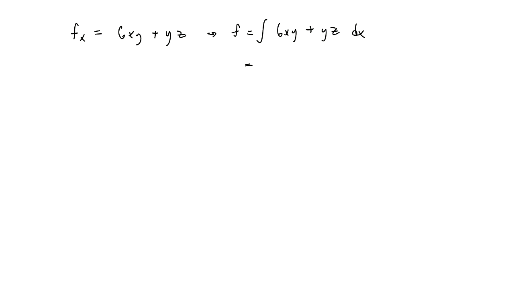The antiderivative of 6xy with respect to x is 3x squared y. The antiderivative of yz with respect to x is xyz. And now any function that only has the variables y and z, sorry about that mess at the beginning, could also be here.